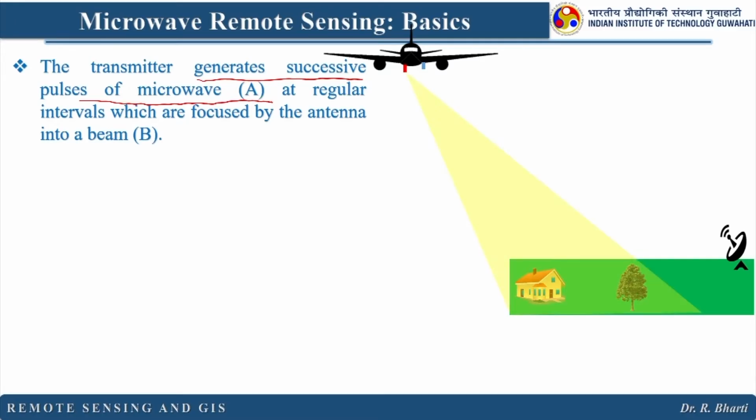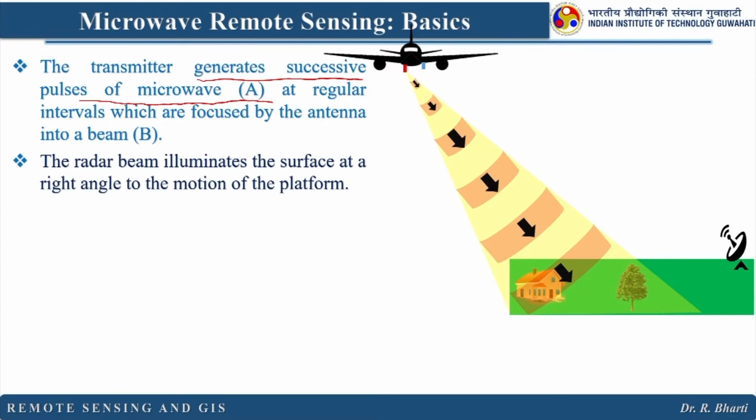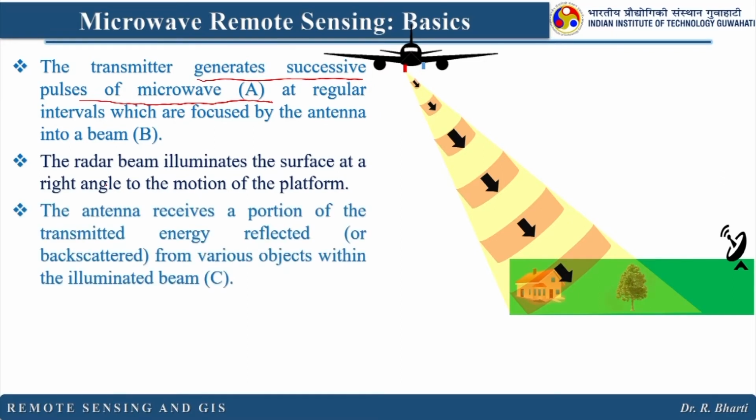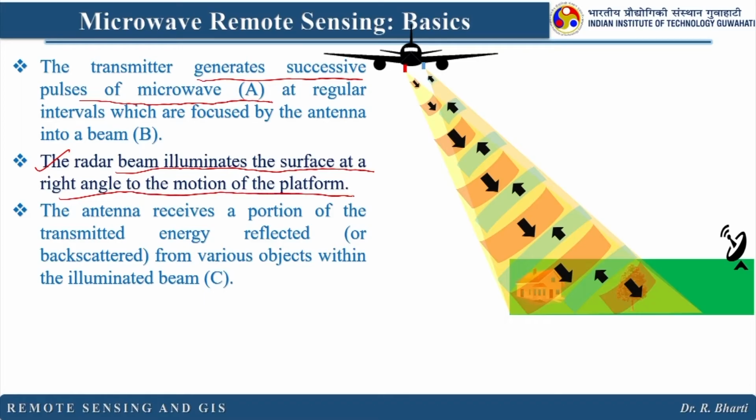The pulses will be sent in a field of view and reach our surface, and the moment the object interacts with the pulses, it will start backscattering, and the energy goes back and is recorded by your sensor. In between, the radar beam illuminates the surface at a right angle to the motion of the platform.